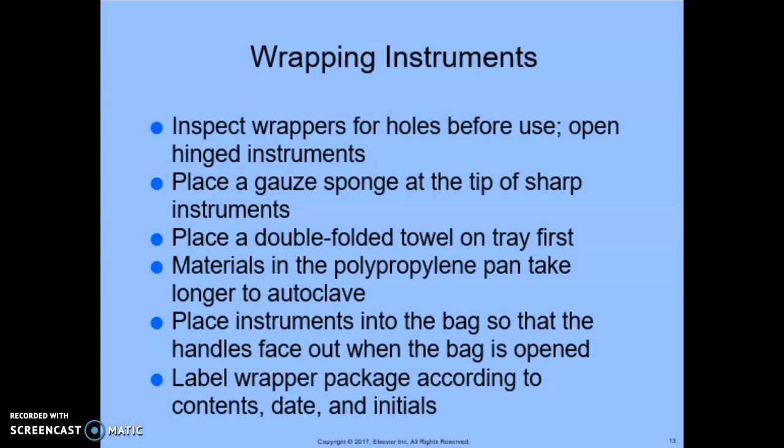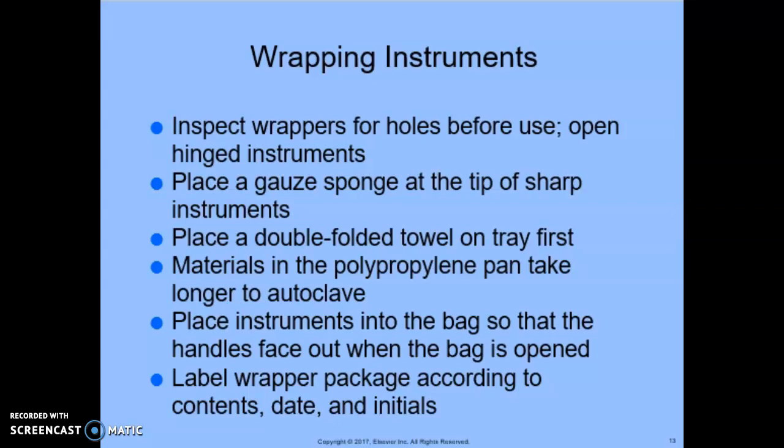So be sure the wrapper is large enough to cover the items to be sterilized. This is very important. Inspect the wrappers for holes before use. Open hinge instruments. Place a gauze sponge at the tip of sharp instruments. Place a double folded towel on the tray first.